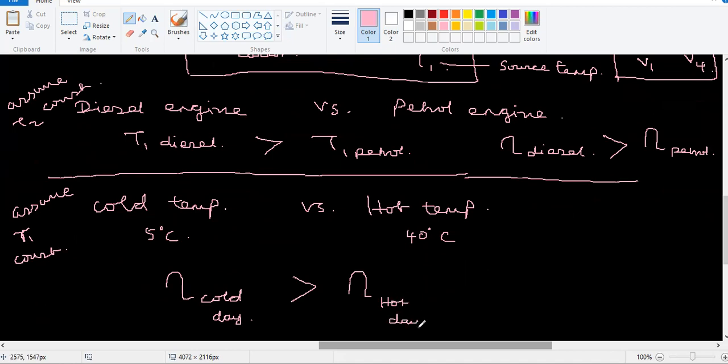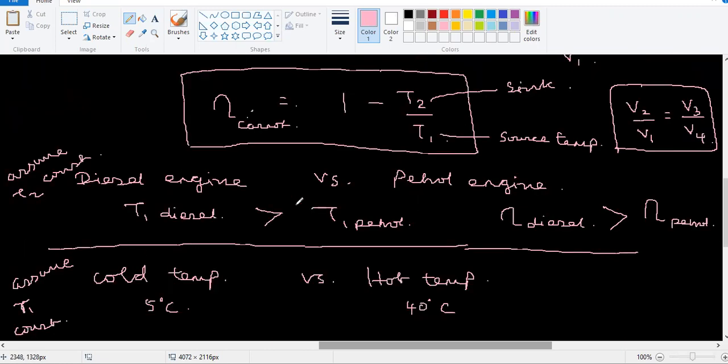Again, there might be some other factors coming into the picture, like hot air has to be sucked inside the engine, so that may cause negative effects. But thermodynamically speaking, if all the other things are kept the same, then you can imagine that this is going to be higher. So take it down properly.